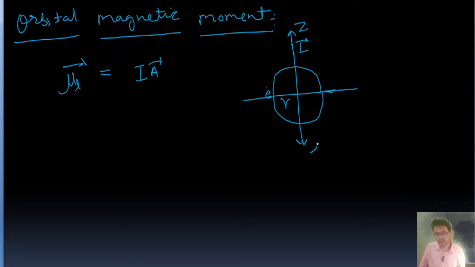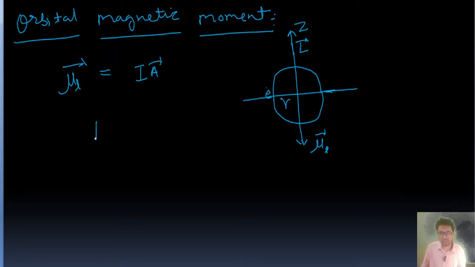There is mu l, the orbital magnetic moment. So the electron moves in this circular orbit, and along the z axis there is angular momentum and along the minus z axis there is orbital magnetic moment.